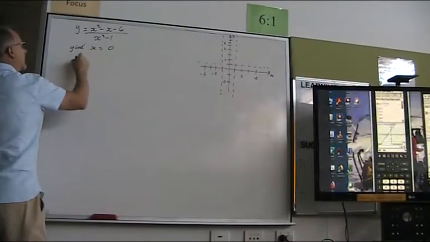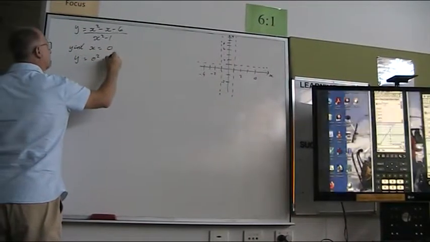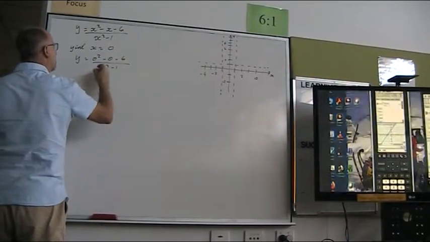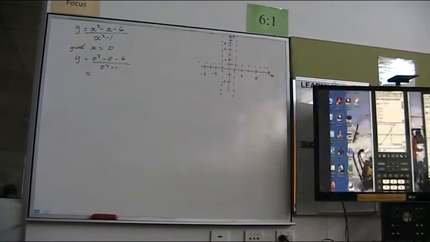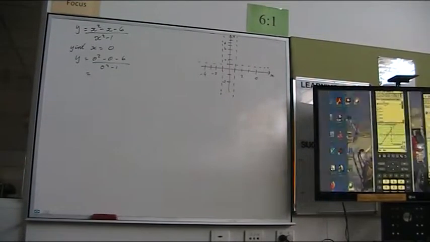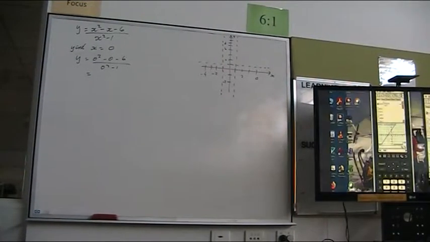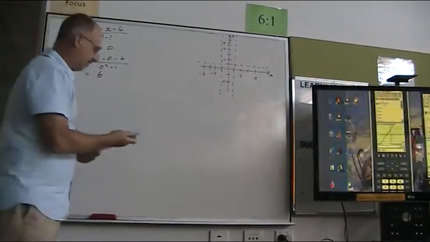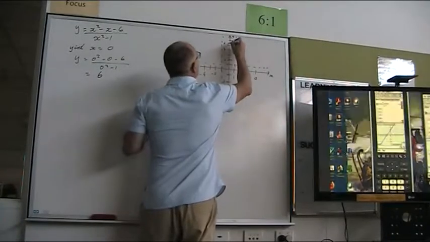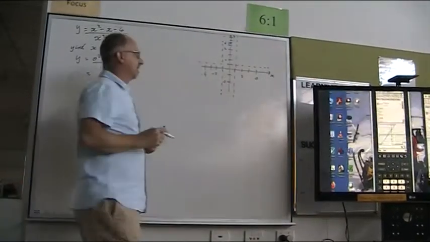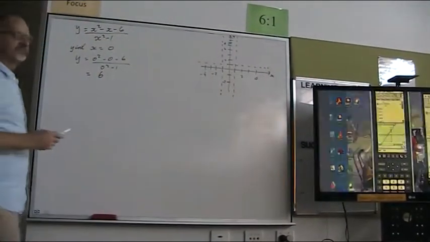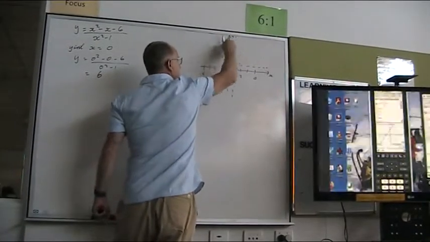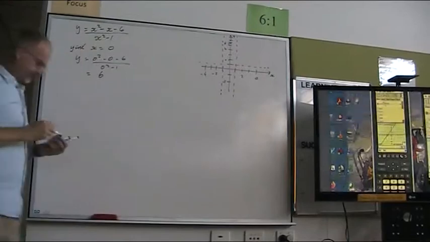So let's whack that in. 0 squared minus 0 minus 6 over 0 squared minus 1 is 6. Yeah. So we've got the y-intercept up here. So that's suggesting that part of the graph is up in this skinny bit here.